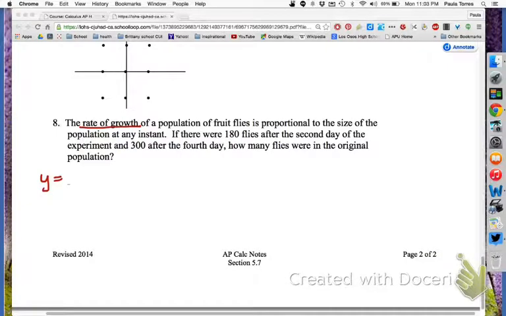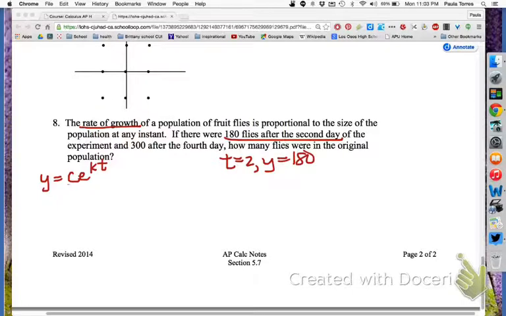And I have two pieces of information. 180 flies after the second day, so it looks like time is in days. So when time is 2, the number of flies is 180.